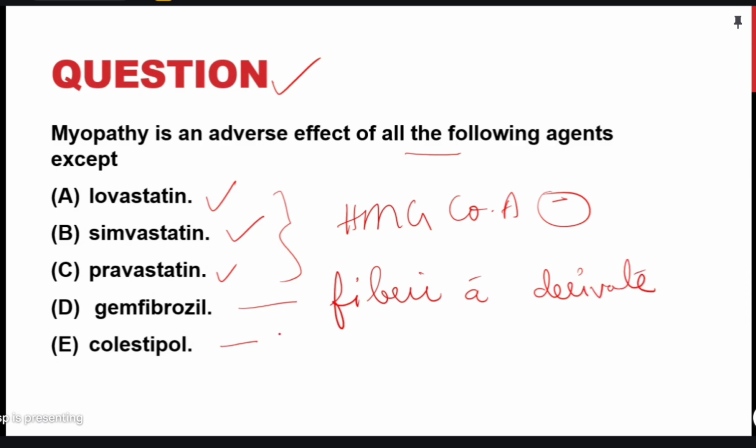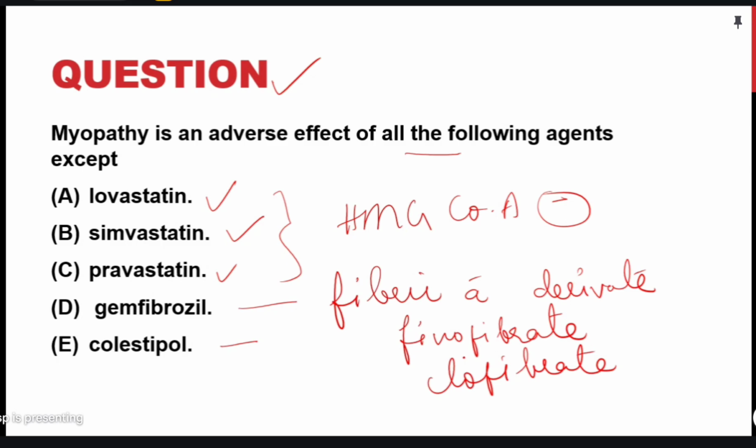Along with gemfibrozil we also have fenofibrate, okay, and clofibrate. So these are other examples which are very similar to gemfibrozil. These are fibric acid derivatives.